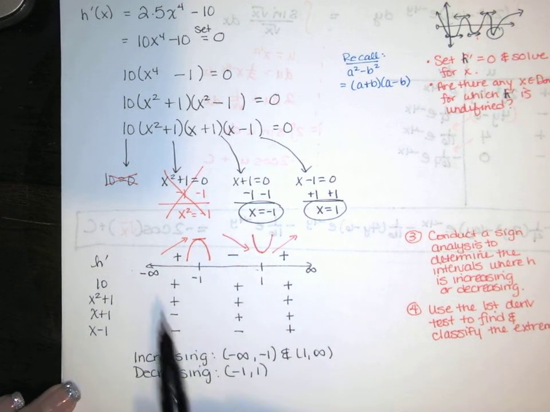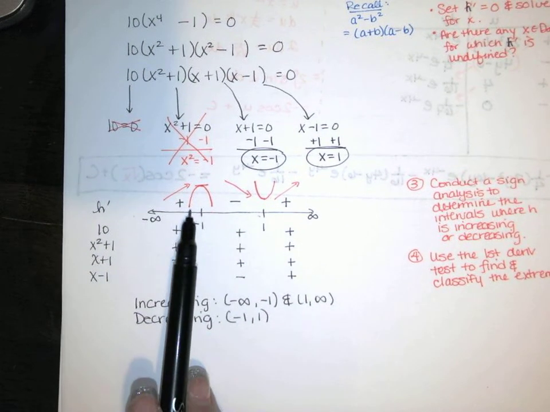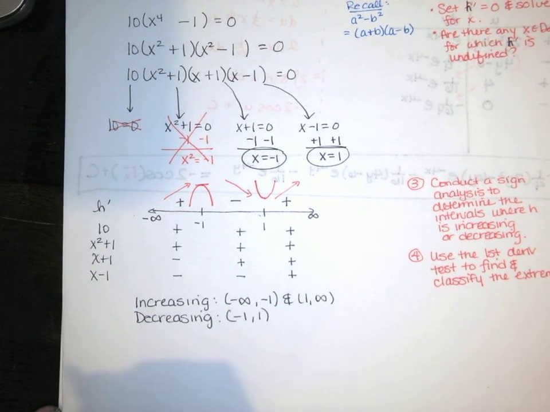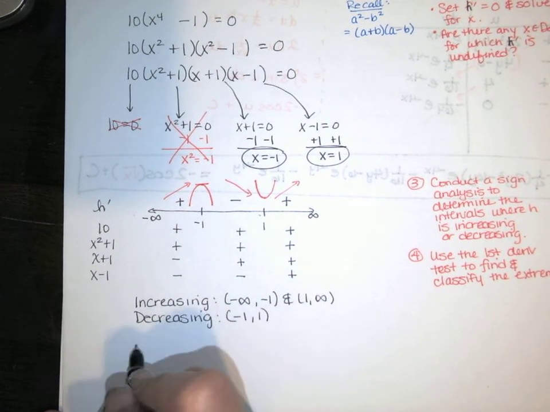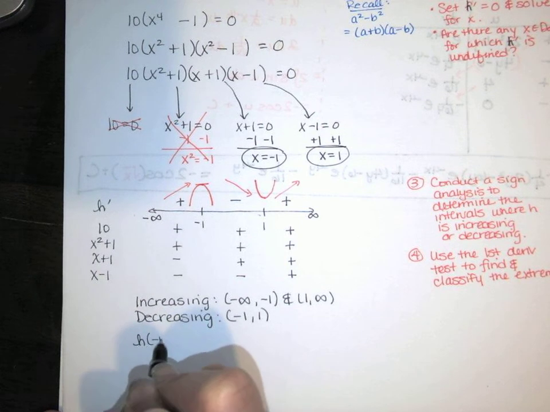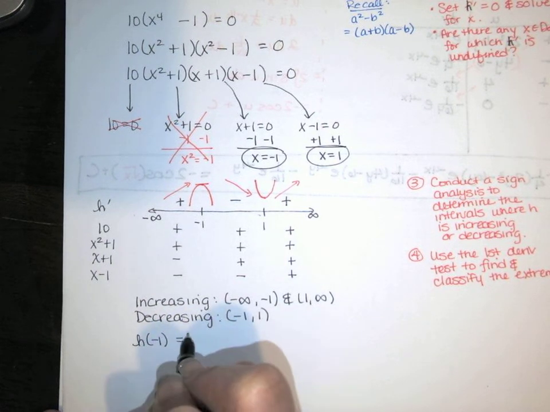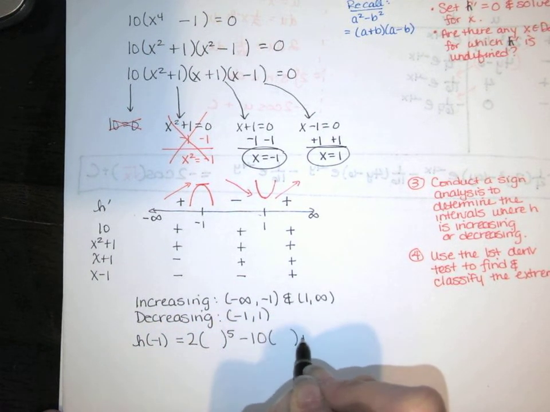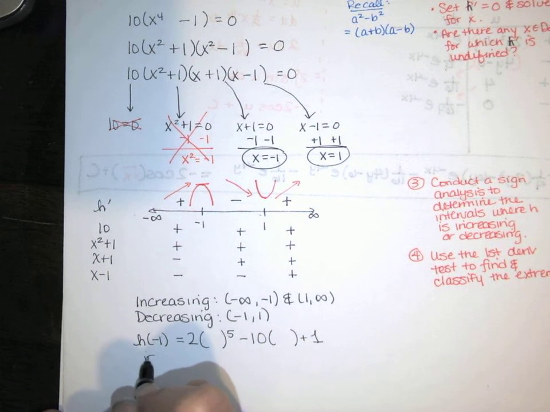According to this chart, do the first derivative test. H of negative 1 is a relative max. H of positive 1 is a min. I keep saying f, it's h. H of negative 1, that's 2 times negative 1 to the 5th minus 10 times negative 1 plus 1, is a relative max.